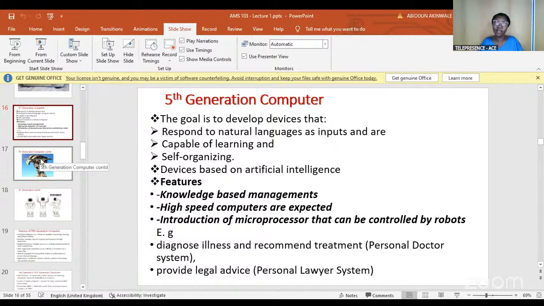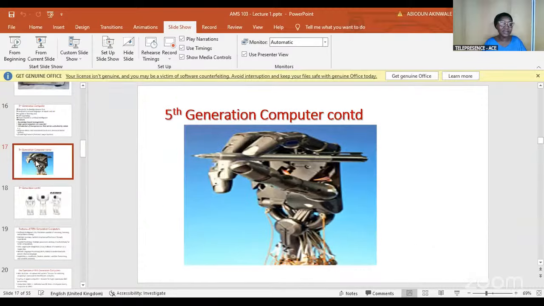So in the law profession, you see computers serving as personal lawyers, providing legal advice to clients. Okay, and then we found that even some of the advice is as accurate as the experts in the field. Okay, so we move to this next slide.